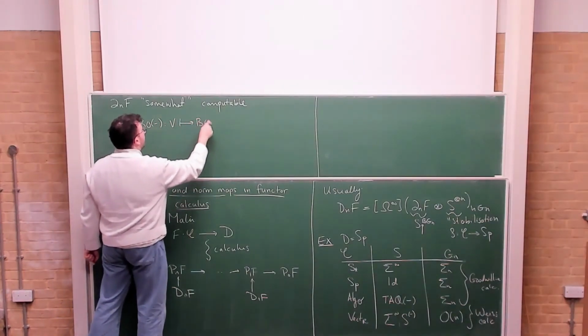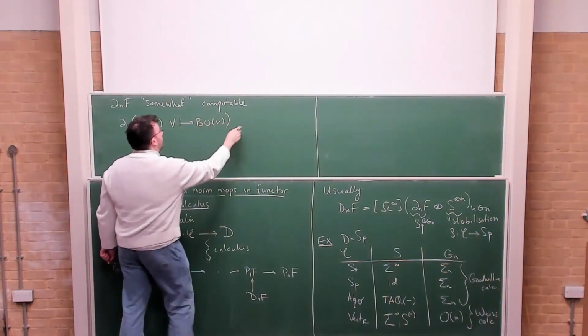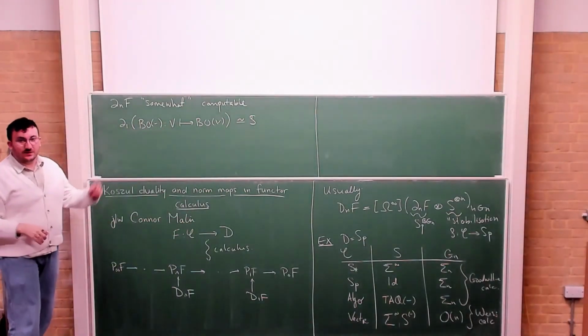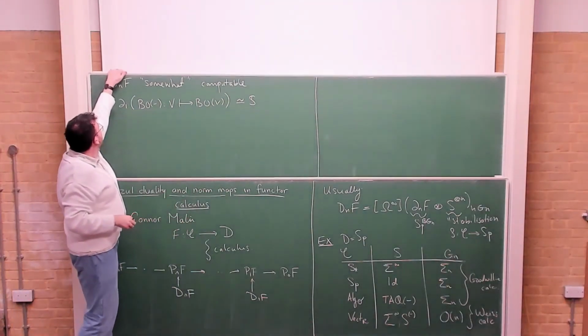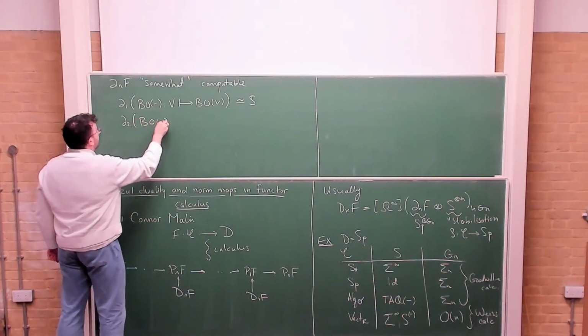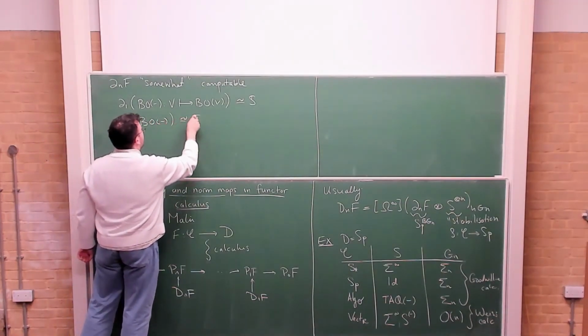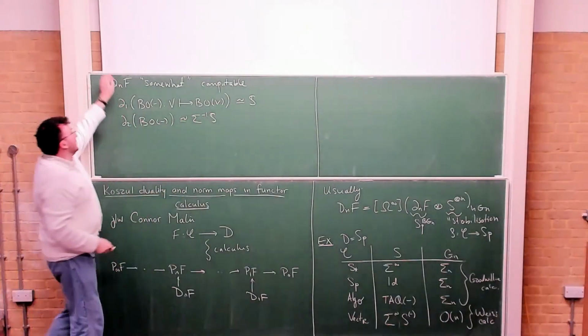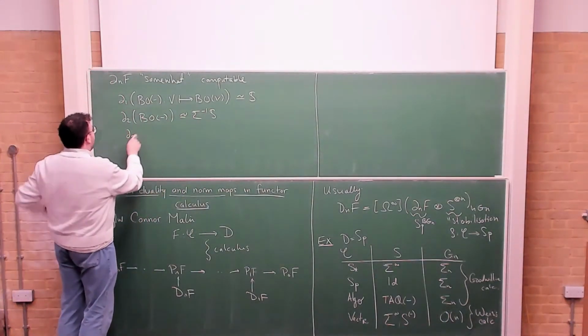So we could take, for example, the first derivative of the functor BO, which sends a vector space to the classifying space of its orthogonal group. This turns out to be the sphere. Okay, so reasonable. And we can take the second derivative of the same thing. This turns out to be a suspension of the sphere. Anyone want to guess at the third derivative?